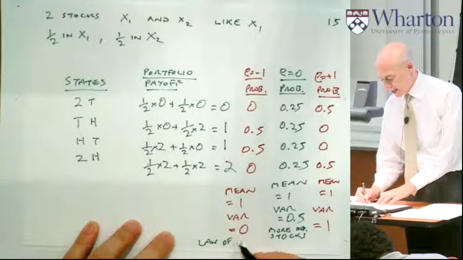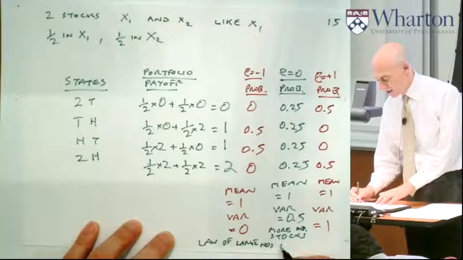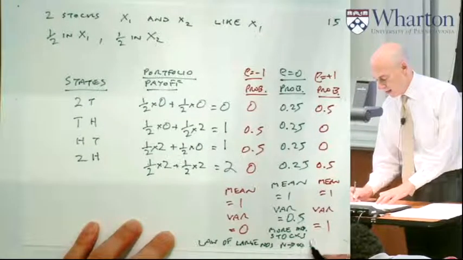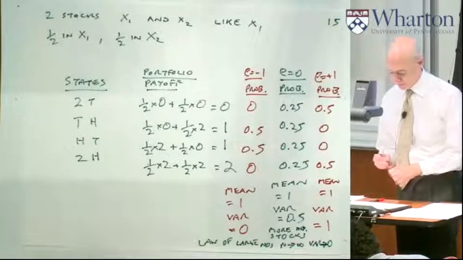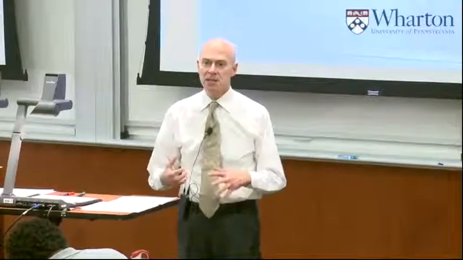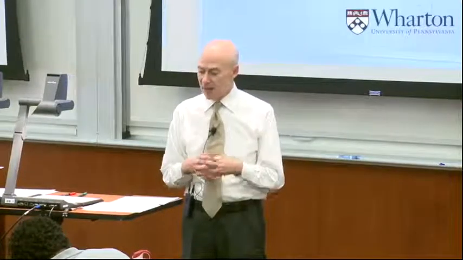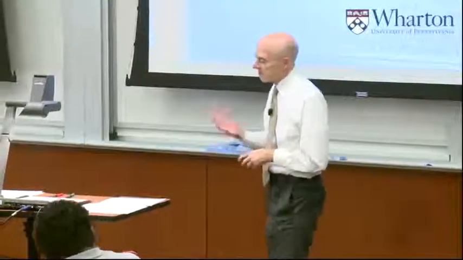What that says is that as n goes to infinity, the variance goes to 0. So that's the second way. If you just take lots of independent risks, you get rid of it. And that's what was going on in our motivation examples. You were diversifying away the risk. So that's the basic idea.